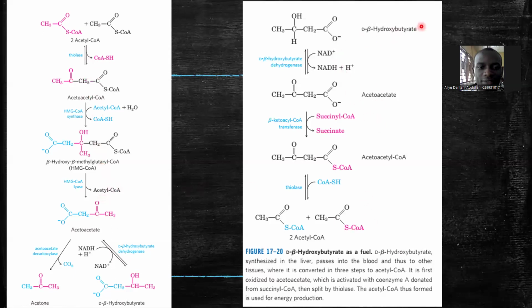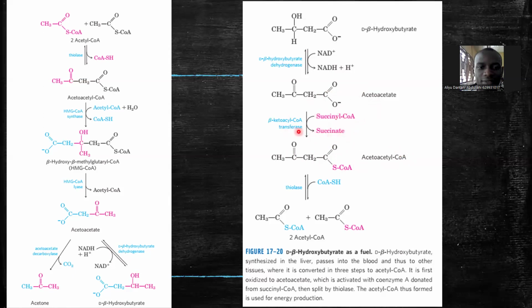Beta-hydroxybutyrate is now oxidized to acetoacetate, and acetoacetate transferase transfers CoA from succinyl-CoA. You now have acetoacetyl-CoA. Succinyl-CoA donates this CoA to acetoacetate, and that's why you have acetoacetyl-CoA, right? It has lost its CoA and now it's just succinate.